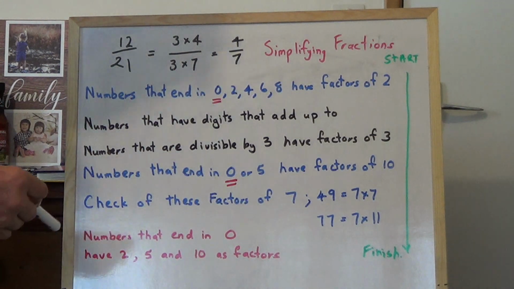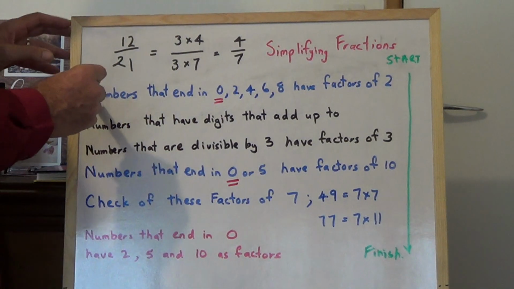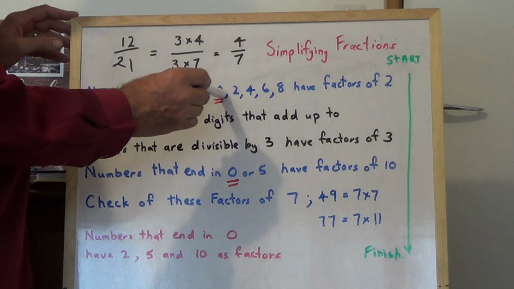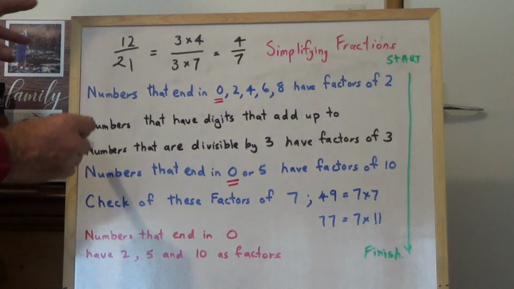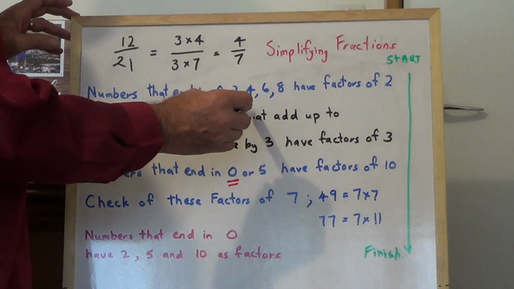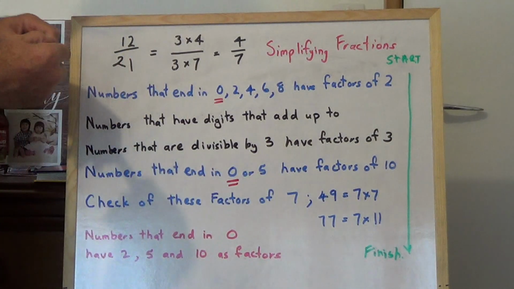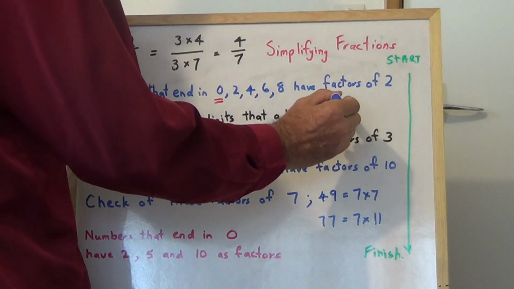Now, these are the rules that you need to know. Numbers that are even, ending in 0, 2, 4, 6 and 8, have a factor of 2.